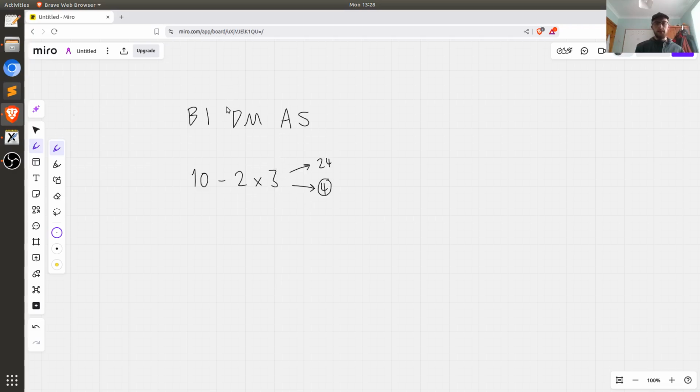Notice that I put D and M together. So if you have a piece of arithmetic which is just division and multiplication, for example, something like this, then you would proceed from left to right.